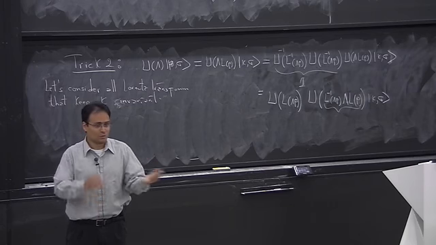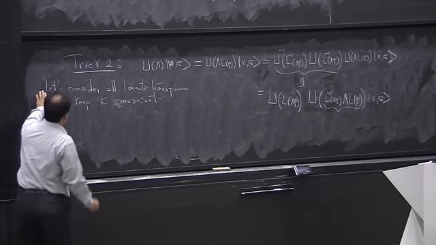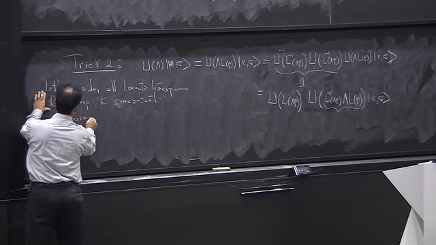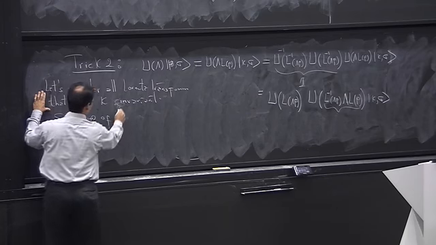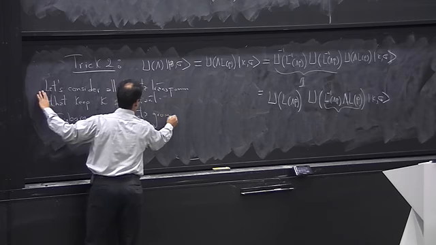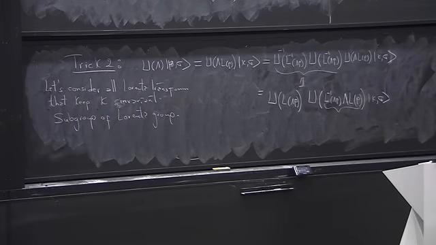There is an inverse for each one. Therefore, this set forms a subgroup of the Lorentz group. In fancy mathematical terms, it's called the stabilizer of k.